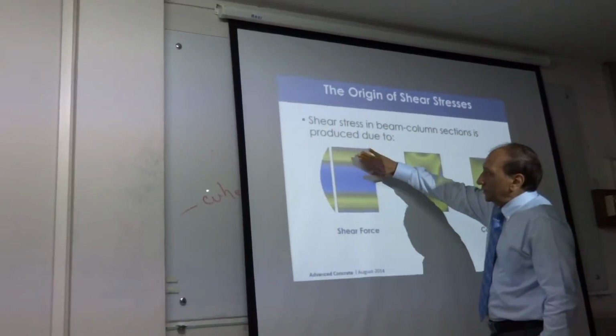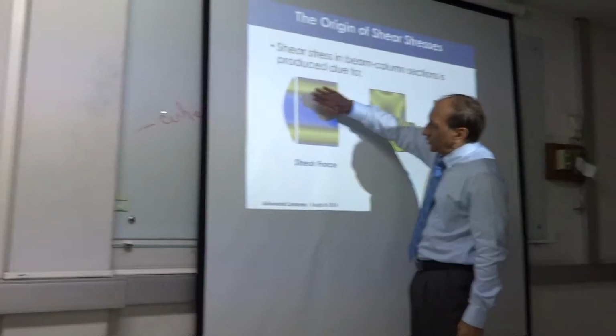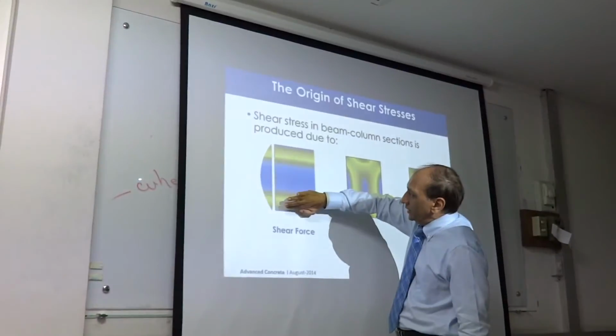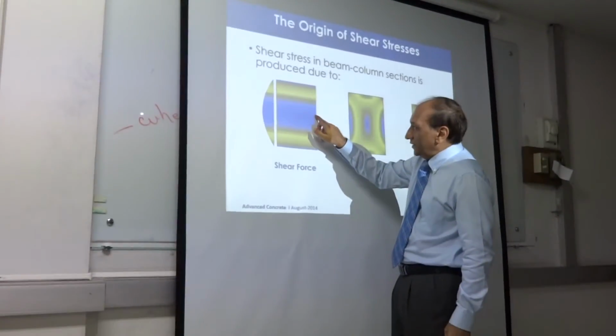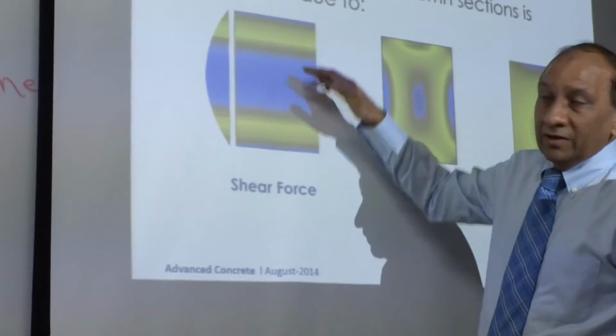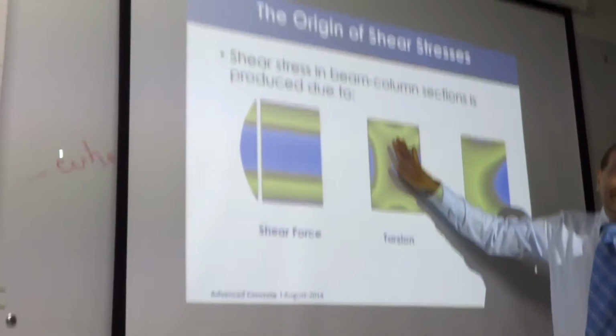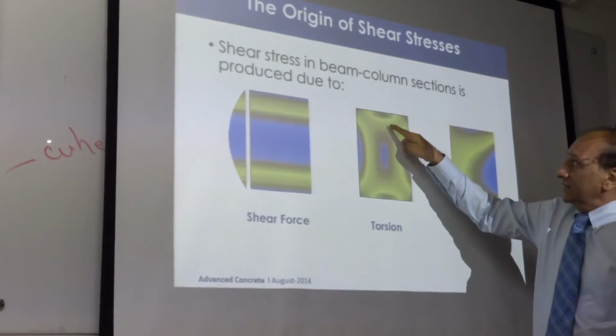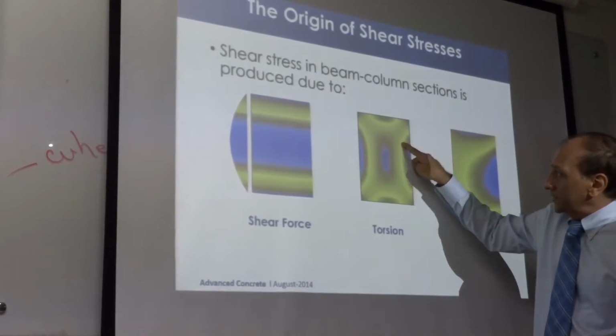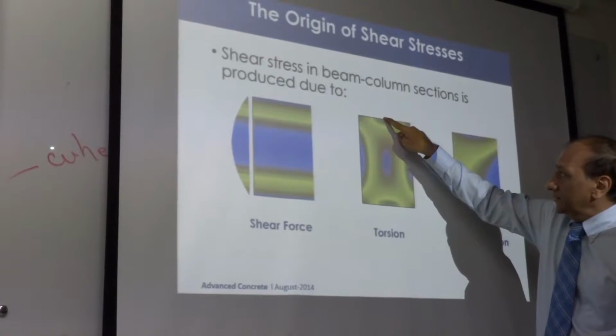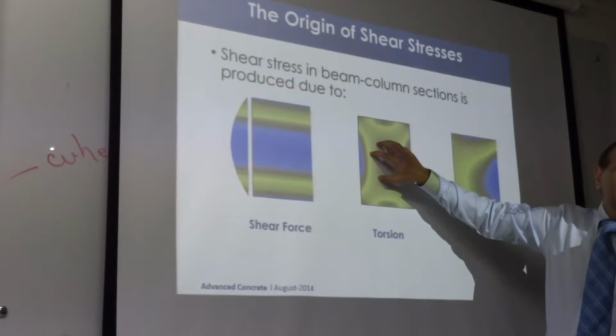It is just that shear has a variation like this: it starts from 0, comes up, goes back down, and is constant across the width of the section. Torsion is not like that. Torsion is high at the edges, here, here, here, and then 0 in the middle.